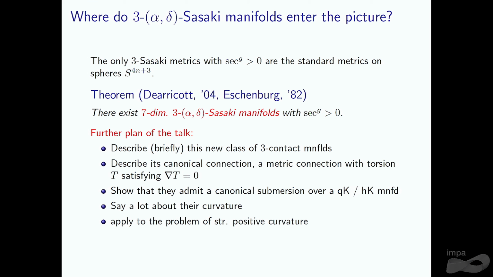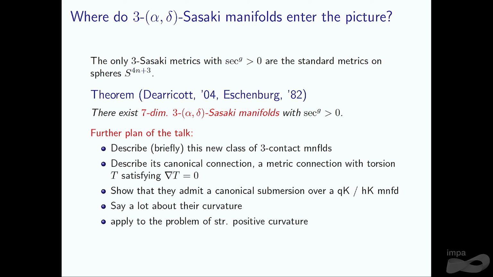Now, where do these 3-α-δ-Sasaki manifolds, which appear in the title, enter the game? Okay. So we know that the only 3-Sasaki metrics with positive sectional curvature are the standard metrics on spheres of dimension 4n+3. And joining results of Derdzinski and Eschenburg, this means that there exist 7-dimensional 3-α-δ-Sasaki manifolds with positive sectional curvature.